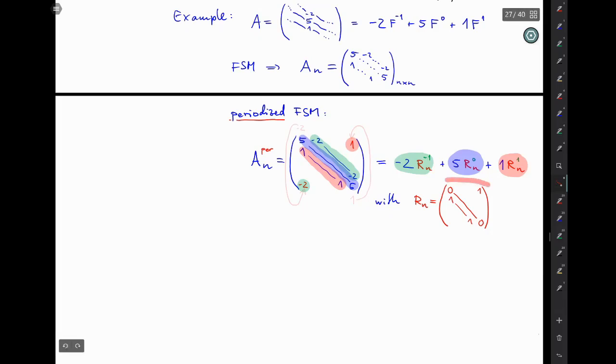I mean, what is this matrix doing to a vector? It's just like the forward shift. So it's shifting everything one position down, but the entry that's falling out at the bottom is coming back in from the top. And we did exactly this operation in an example that fixed the problem for the forward shift.